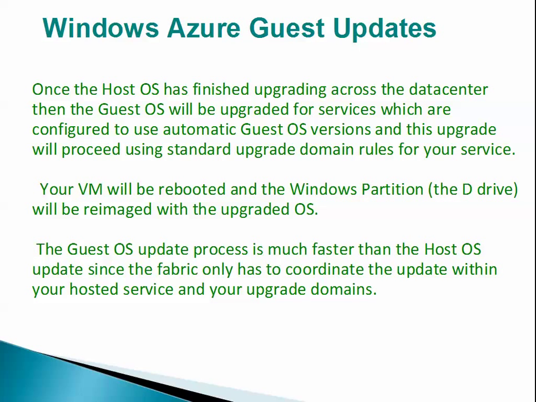That is the reason in the SLA, the service level agreement in Azure, it is mentioned clearly that Azure guarantees that your applications will be available up to 99.9% if you have at least 2 instances.